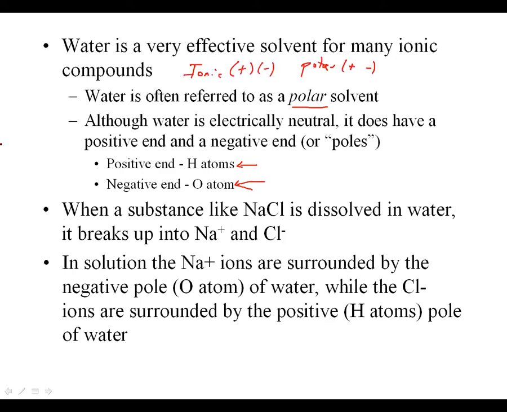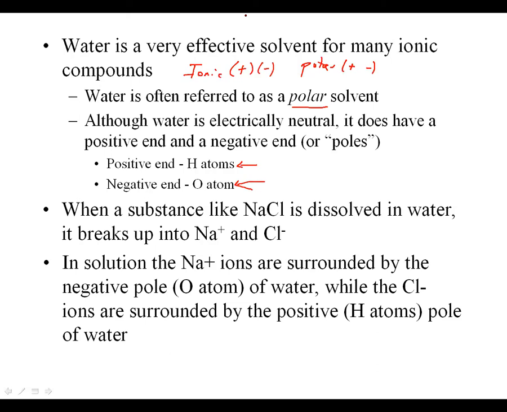So that's why water works really well with these guys, because ultimately it's able to interact well, because water itself has a positive and negative side. Ionic things are positively and negatively charged. Polar things also have positive and negative sides. It gives them a way to use those intermolecular forces, like we were talking about in the previous chapter, to interact with each other and help things dissolve.